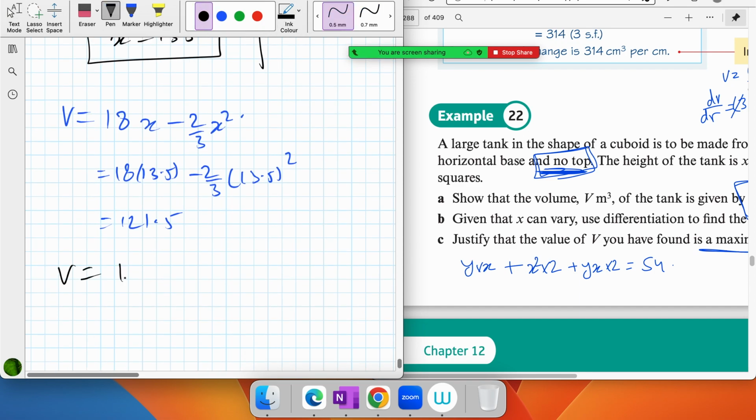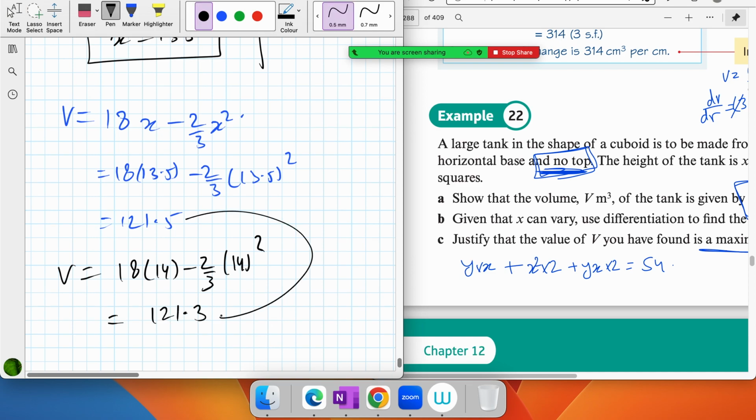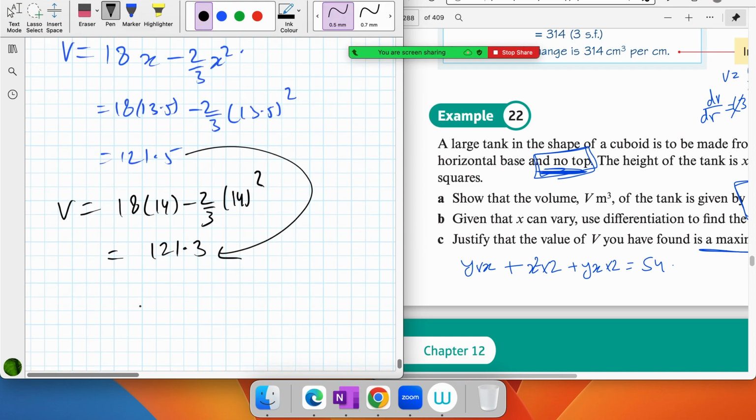Now I'll check on the right hand side and left hand side. So let me use 14 for this: 18 into 14 minus 2 by 3, 14 squared. Replacing 13.5 with 14, I'm getting 121.3, which is actually lesser. Then let's try on the left hand side, using the value 13. It should be less than 121.5.